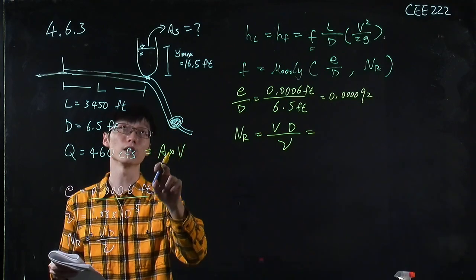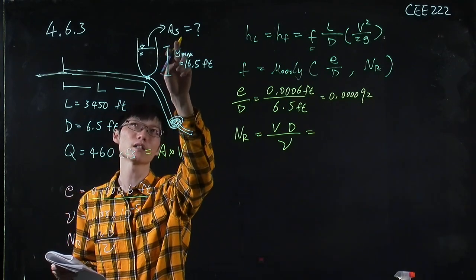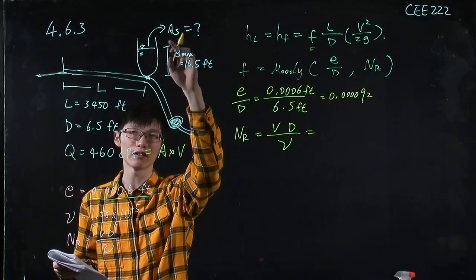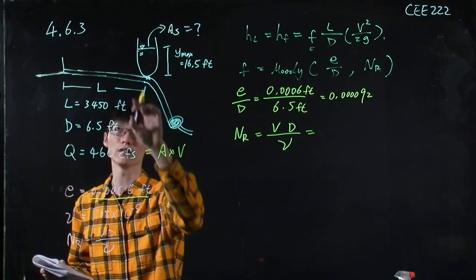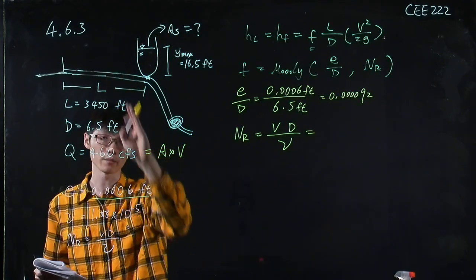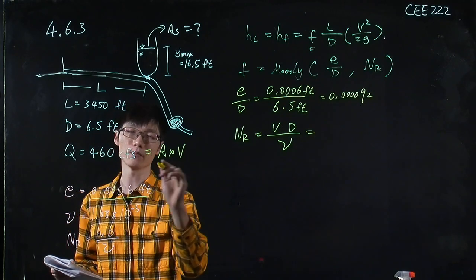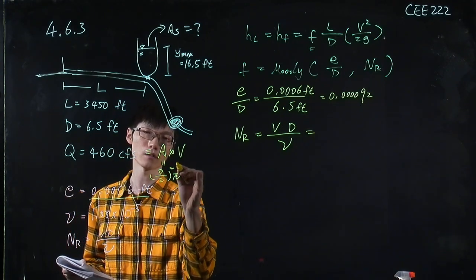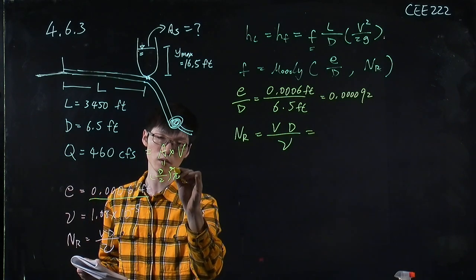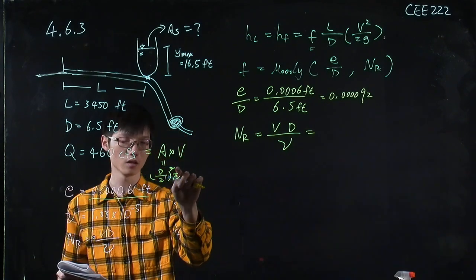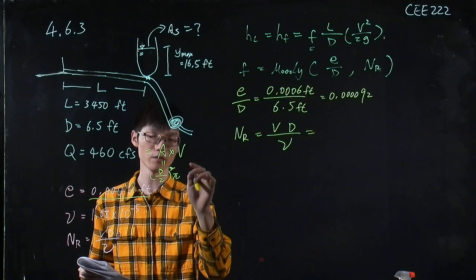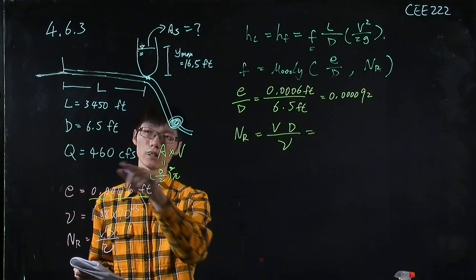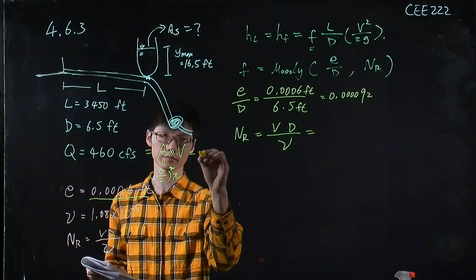And it's not the area of the surge tank. It's the area of the cross section of this pipeline. So we know the diameter. The area will be D squared over 4 times pi, and you can do the calculation.